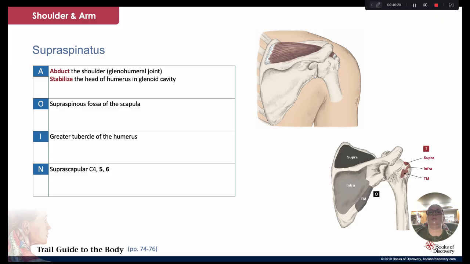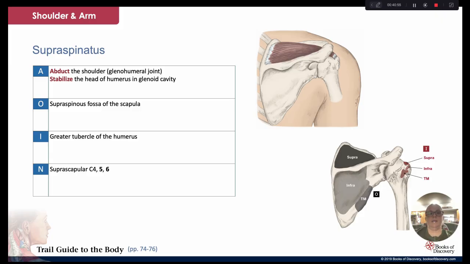They do some rotation on the shoulder joint, but their main job is to stabilize the head of the humerus in the glenoid cavity so that your shoulder does not dislocate. So these four muscles of the rotator cuff are mainly for stabilization of the head of the humerus.